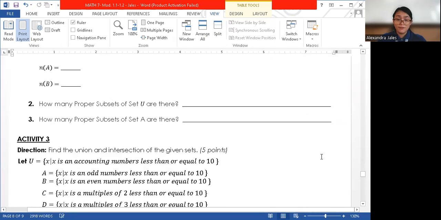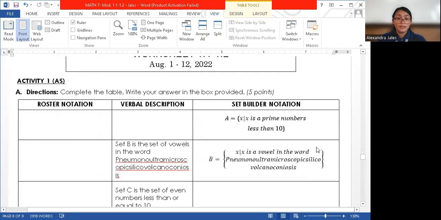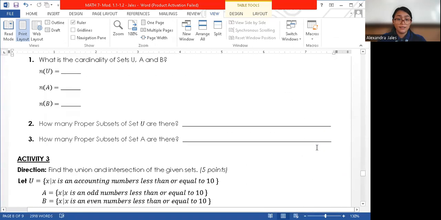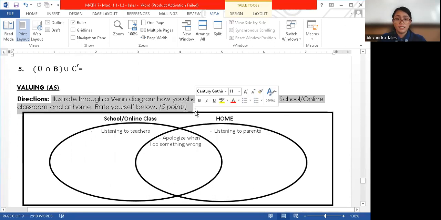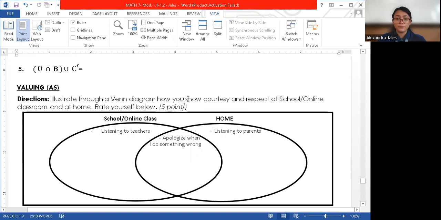You have your activity 1, activity 2, and activity 3, and the valuing part. Just answer this one. Don't forget that your valuing part is just to identify, for example, how you show respect and courtesy in school and in your house, or at home, and which of these shares the same characteristics.